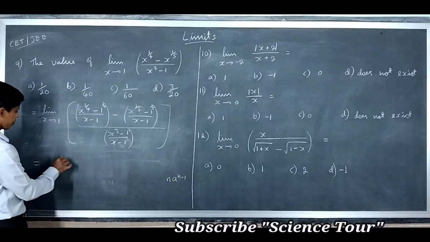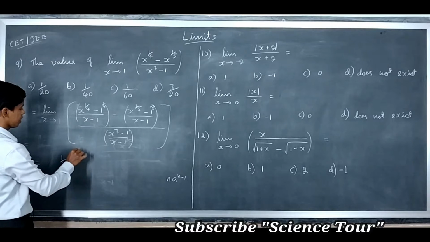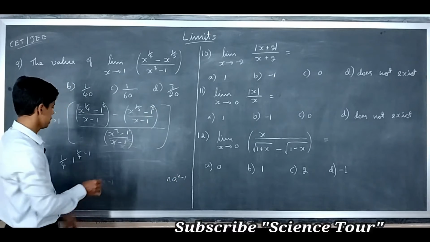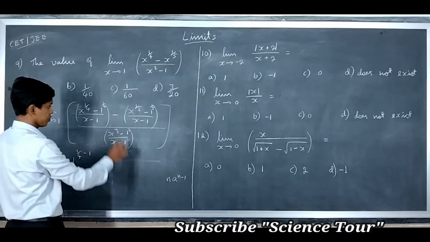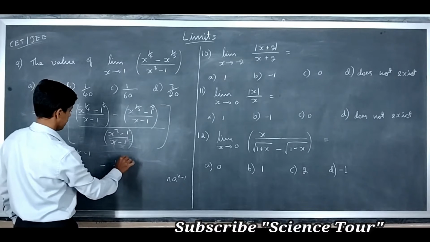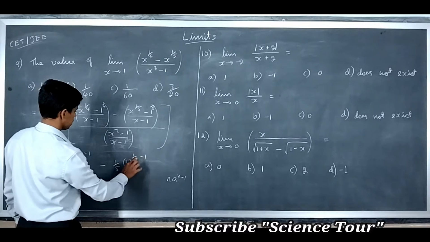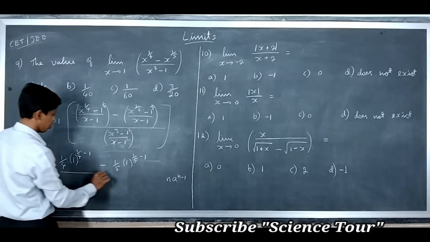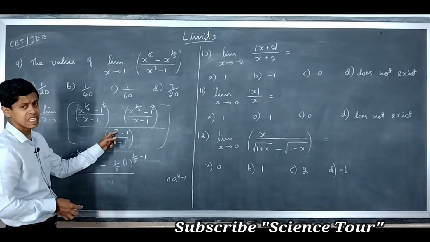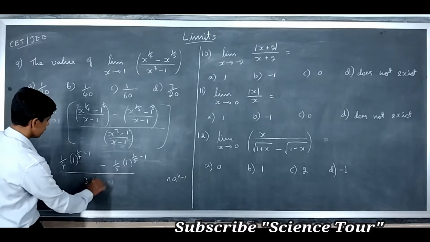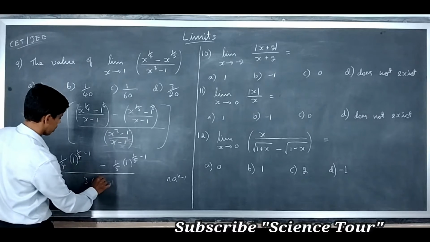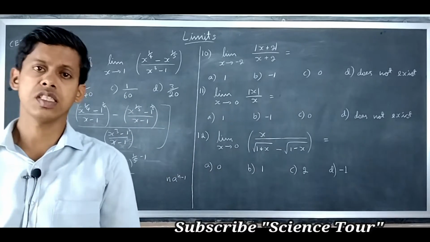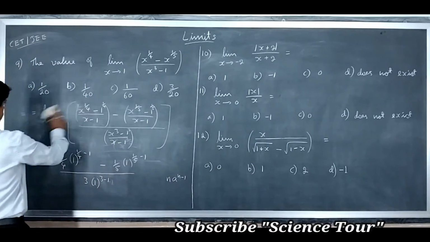So 1 by 4, a is 1 raised to 1 by 4 minus 1, n minus 1, and here n is 1 by 5, so n a to the power n minus 1, whole divided by, here n is 3, a is 1 itself, and then n minus 1 is 3 minus 1. So simplify this and that will give you one of the options as the answer. Let's do it.